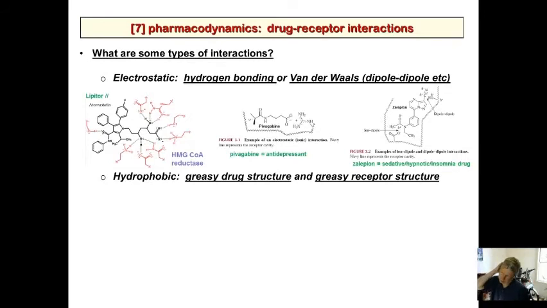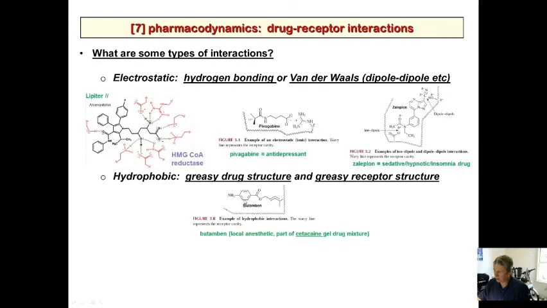Hydrophobic interactions. What does that mean? Well, maybe you've got a greasy drug and a greasy receptor. So it's more like induced dipole type things, where you have a greasy drug and a greasy receptor. An example is butamben, which is a local anesthetic. It's part of a gel mixture.